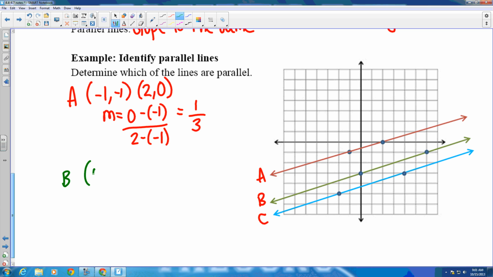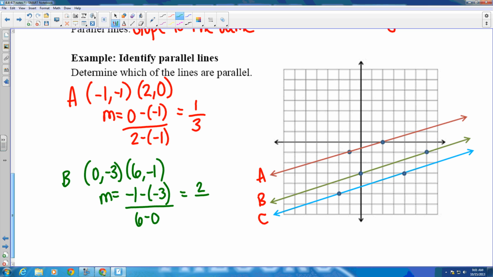B, our points are (0, -3) and (6, -1). Our slope is -1 minus -3 over 6 minus 0, which is 2/5. No, sorry. -1 minus -3 is 2 over 6, 1/3.